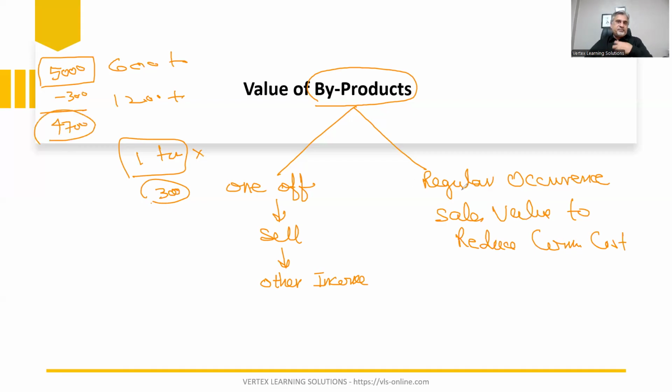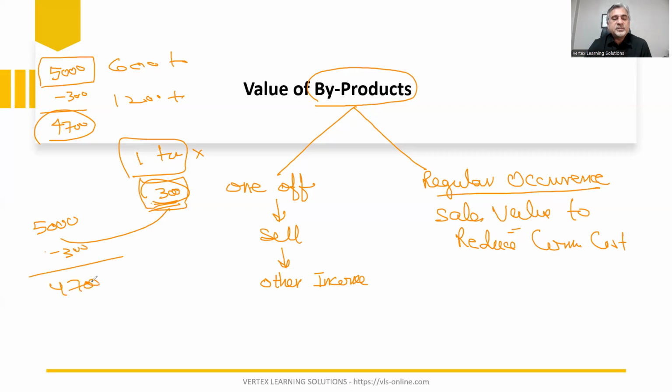Whatever sales value you receive from a regular outcome, you use it to reduce your common cost. Actually, my common cost is 4,700, because I will spend 5,000 and this 300 I will get anyway. So let's use it to reduce this, because I don't want to show it in my balance sheet as a separate thing. This is how it works. Okay. So that is the value of byproducts.